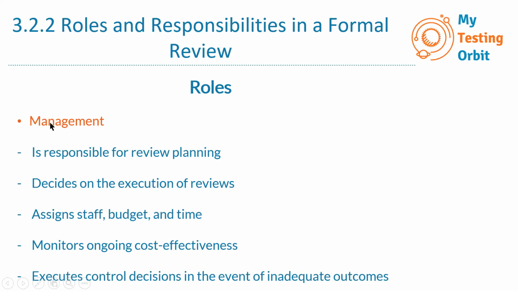So as the name says, management, if we think of a project, then the role of project manager has all these responsibilities. So maybe a person who is project manager, maybe a product owner as well, depending on the team structure, will have all these responsibilities.